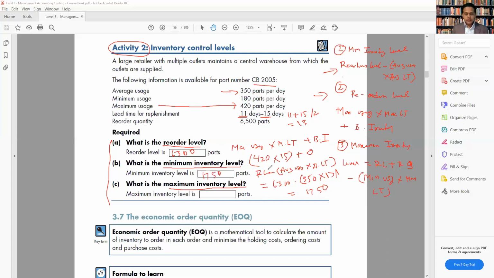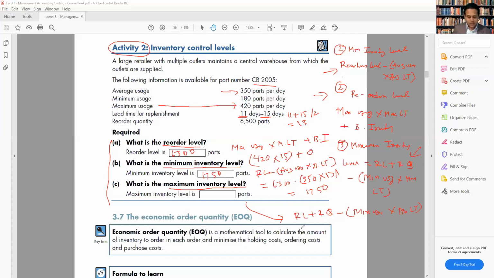All right. Then the last one we have, what is the maximum inventory level? So you have to follow the formula, maximum inventory level. So we have this formula here. So maximum inventory level means reorder level plus reorder quantity minus minimum use times minimum lead time.